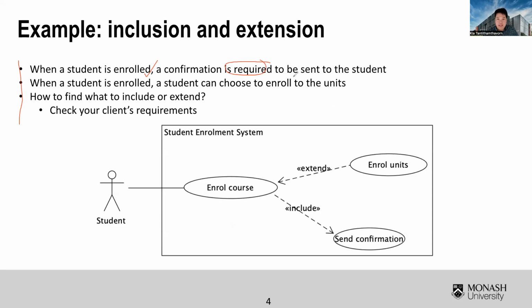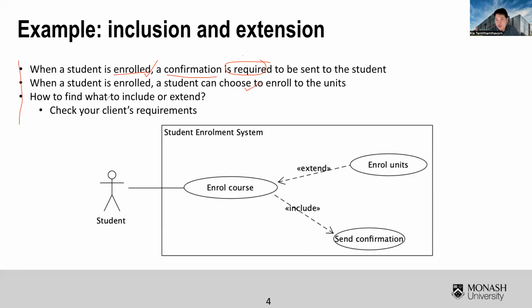That's an enroll use case, okay? Number one, enroll. Confirmation, another one, is required. Include, okay. When a student is enrolled, a student can choose to enroll in units, right? Can choose, is not required. They can enroll or not enroll or whatever, okay?